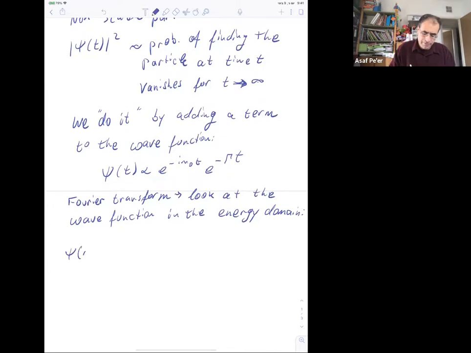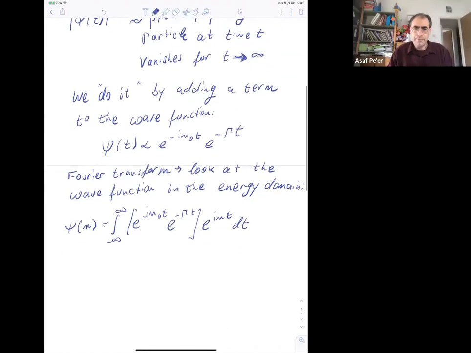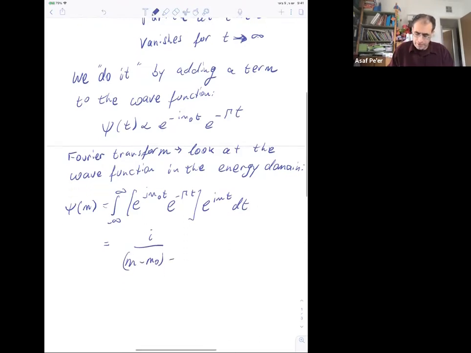So psi of m is the integral from minus infinity to infinity of psi of t times the Fourier transform kernel e^{imt} dt. And the answer to that is just i over m minus m0 minus i gamma over 2.